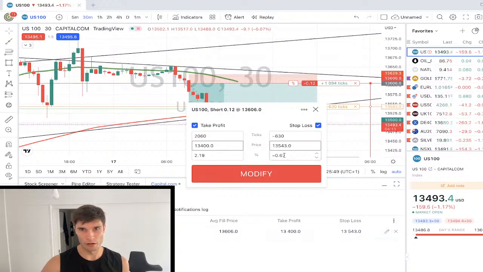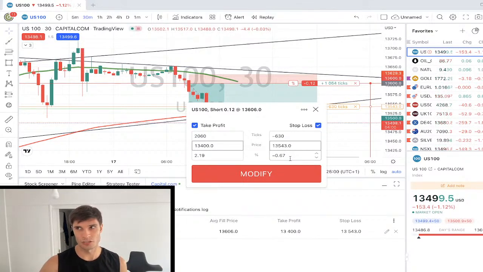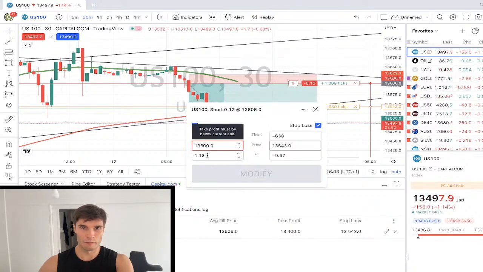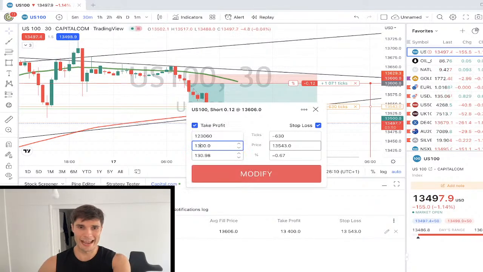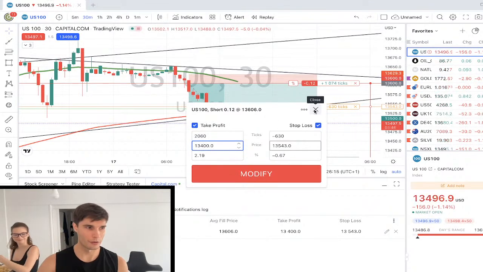If it hits my stop loss, I exit with 0.67% of the account, and the original risk was 0.25%. The goal was the 500 level, which was 1.13%, but now we have it 100 points lower, which is over 2%.